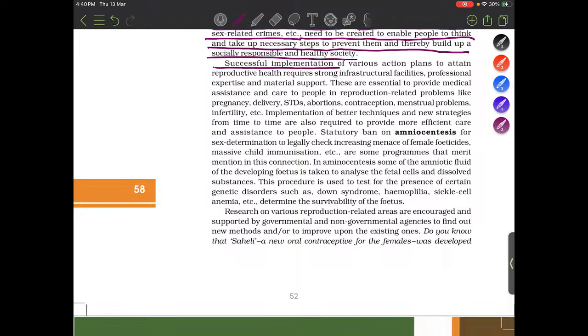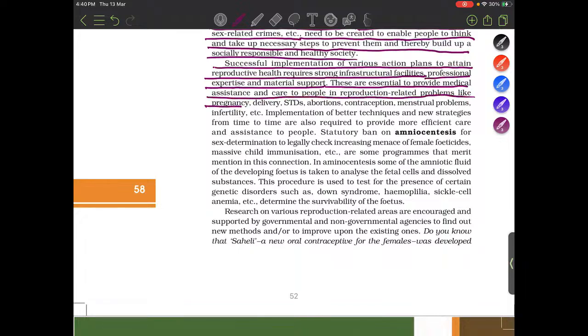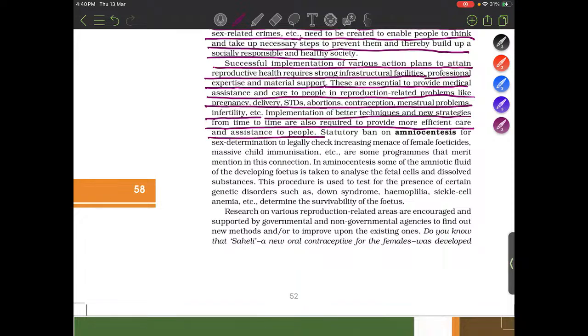Successful implementation of various action plans to attain reproductive health requires strong infrastructural facilities, professional expertise, and material support. These are essential to provide medical assistance and care to people in reproduction related problems like pregnancy, delivery, STDs, abortion, contraception, menstrual problems, infertility, etc. Implementation of better techniques and new strategies from time to time is also required to provide more efficient care and assistance to people.